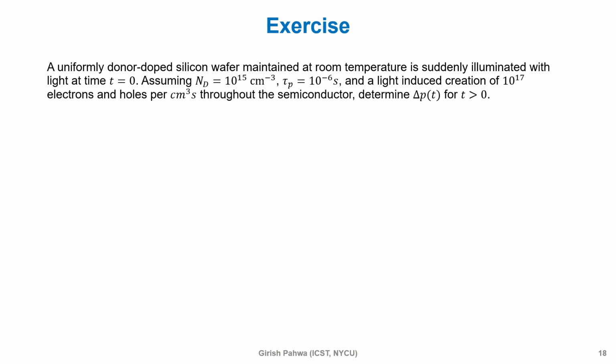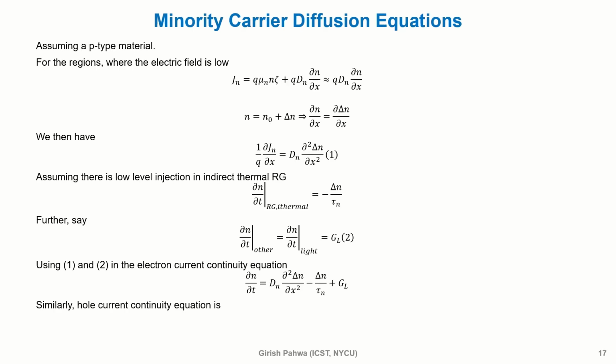This problem is going to be solved with the help of the current continuity equations. First of all, did I say there is any electric field, or that I biased the semiconductor? I haven't biased the semiconductor. There is no externally applied electric field, and it is just one uniform wafer of n-type silicon. There is no external voltage, so the electric field is going to be zero.